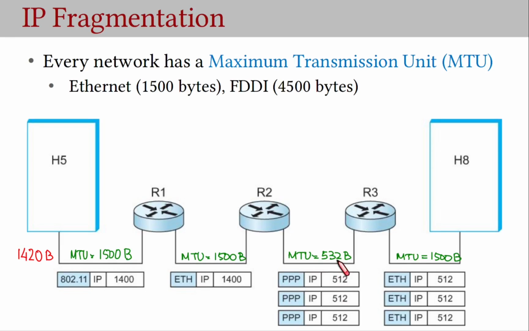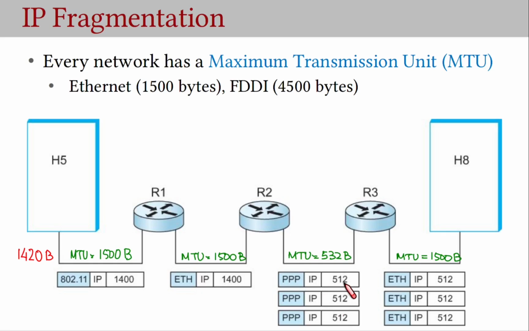Now, since the MTU of this link is less than 1420 bytes, this datagram is going to be fragmented on this link. So the first fragment is going to be 532 bytes, 20 byte header, and 512 bytes data. And then there is going to be another fragment because the total size except the header is 1400 bytes.